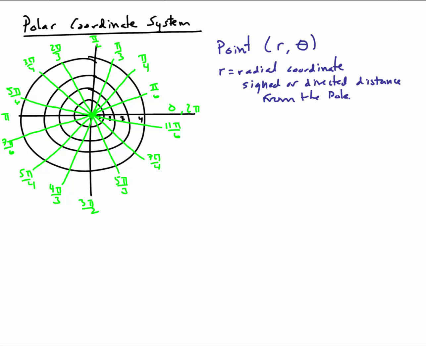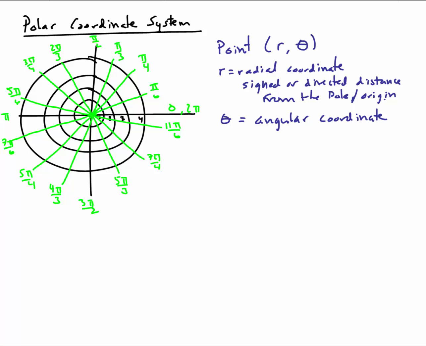Now when we say signed or directed, it could be positive or it could be negative, and we'll talk about what that means, whether they're positive or negative. Now theta is some sort of an angular coordinate. And we put these two pieces of information together, and this is how we're going to be plotting points.